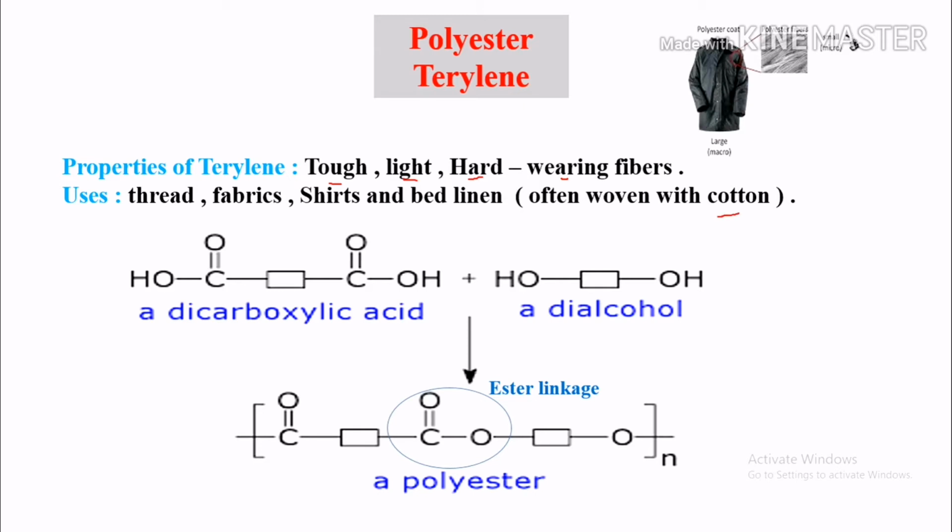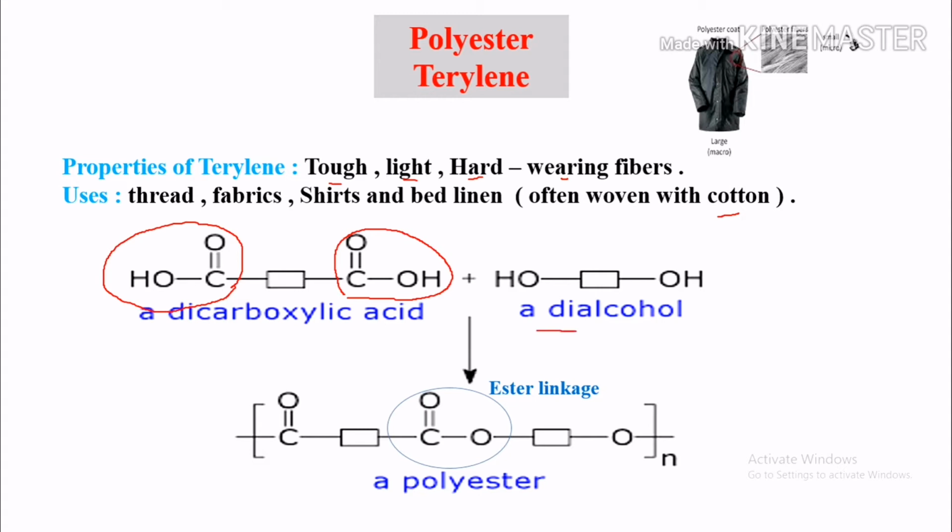So we must know the structure of polyester, the structure of Terylene, and how we can form Terylene inside our lab. Terylene is made from the reaction of a dicarboxylic acid. In the dicarboxylic acid, we have two functional groups. We have two carboxylic acid groups in only one molecule.